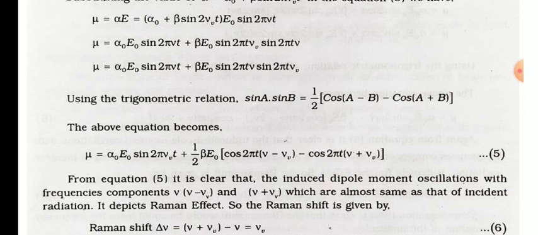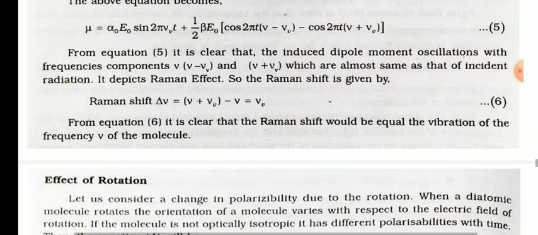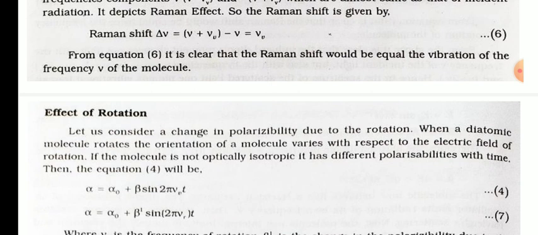So the Raman shift, that is delta nu, is equal to nu plus nu v minus nu, which is equal to nu v. From equation number 6, it is clear that the Raman shift would be equal to the vibrational frequency nu v of the molecule.